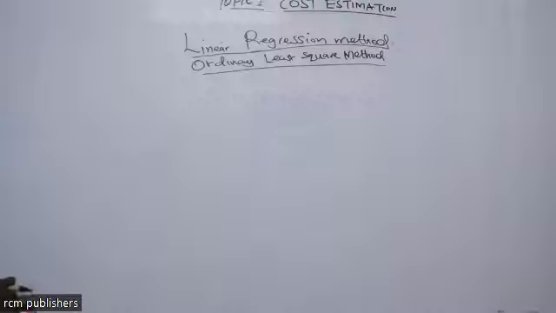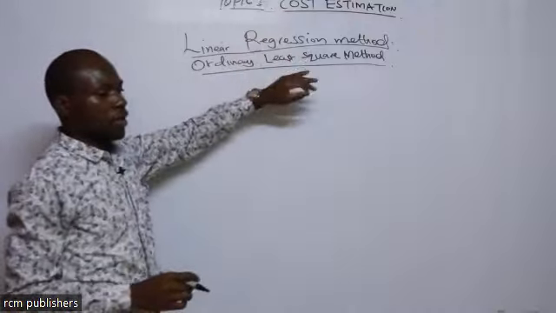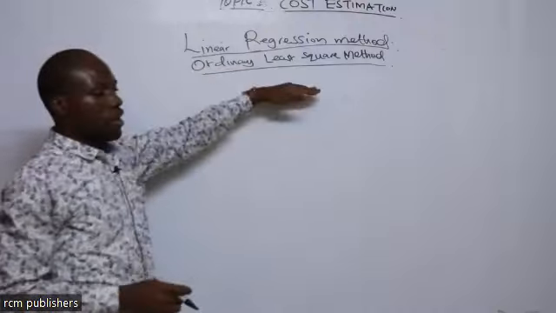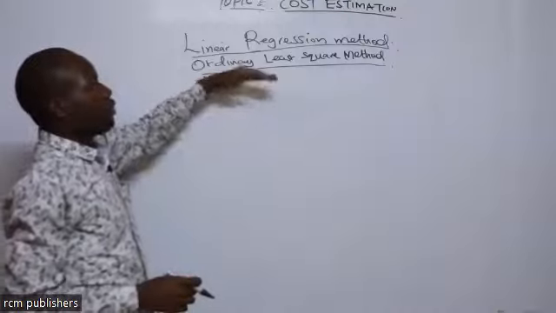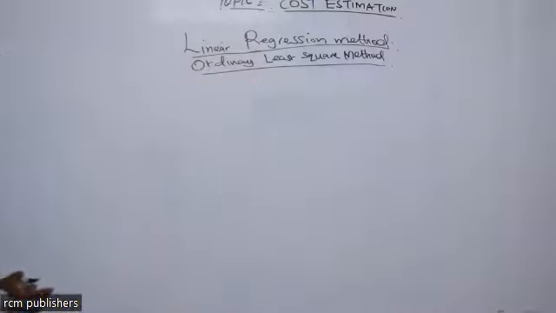So in exams or maybe in class, we've learned about linear regression method. In exams, the examiner is telling you, use ordinary least square method to come up with cost estimate function. So you'll be wondering which method is this? From which topic are they testing this question?